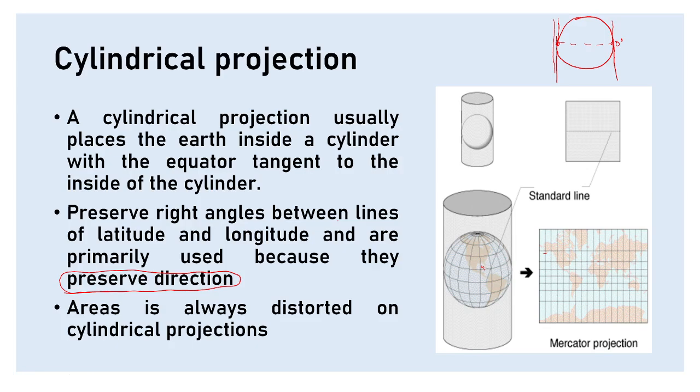This cylindrical projection is also called a conformal projection. That is another name. And why is it called a conformal projection? Because it preserves the right angles between lines of latitude and longitude. So keep this in mind. This is why we use the cylindrical projection.